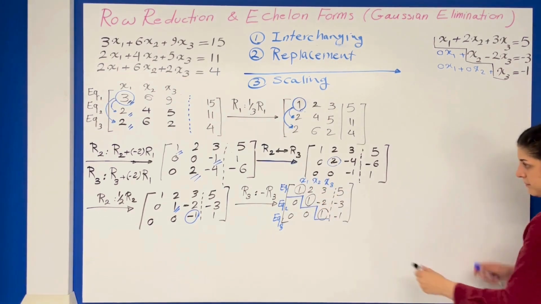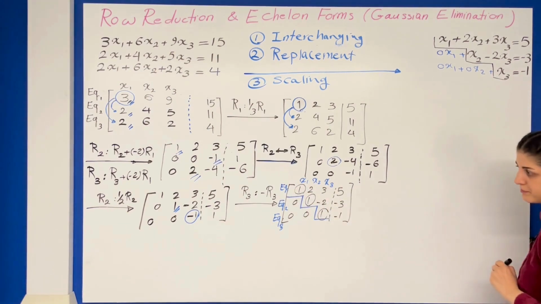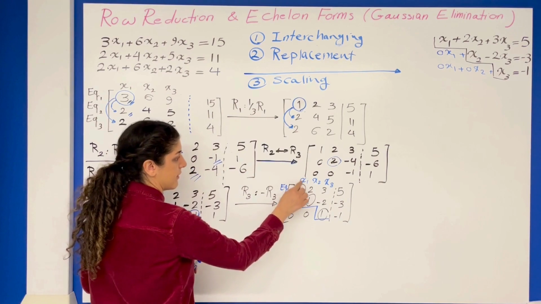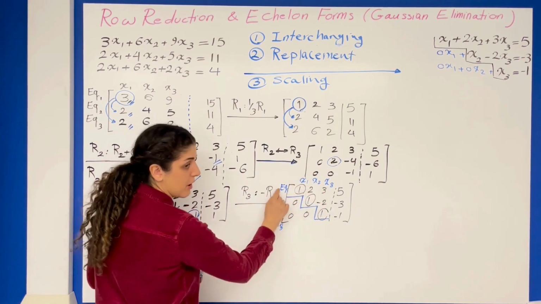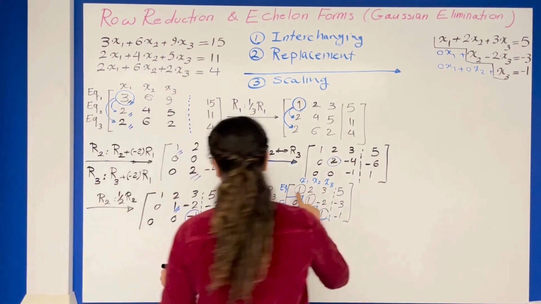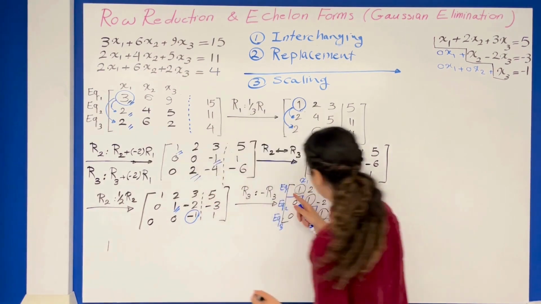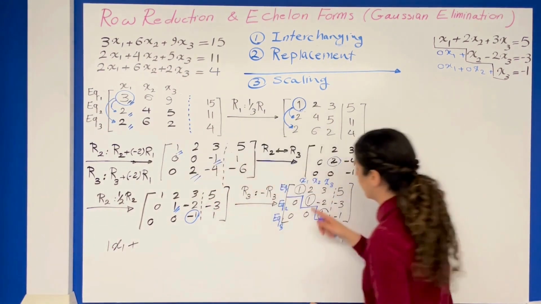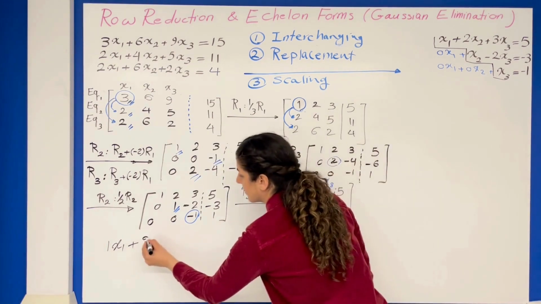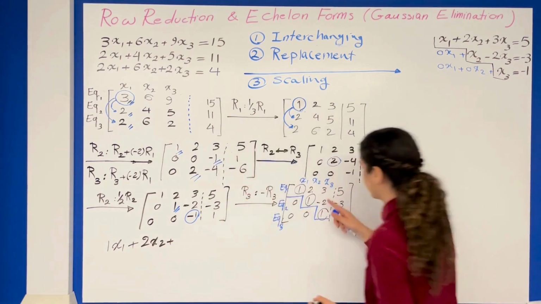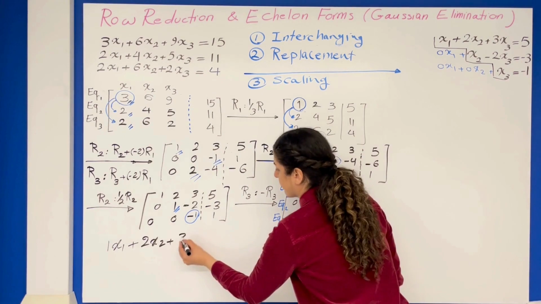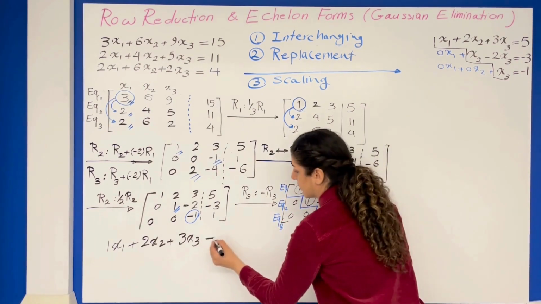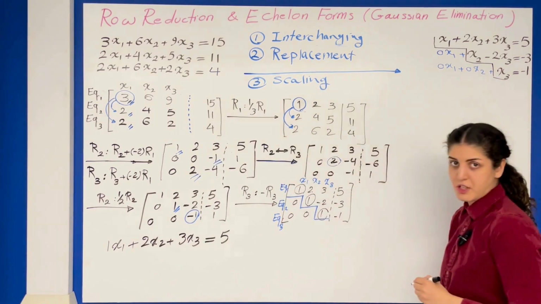Okay, so from the first row, these are the coefficients of x1, x2, x3 in equation 1. So I get 1 times x1 plus 2 times x2 plus 3 times x3. And then I have my constant term. So this is equal to 5. This is the first equation.